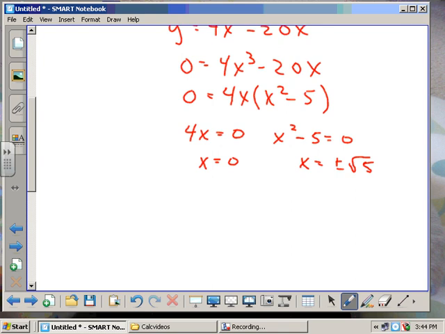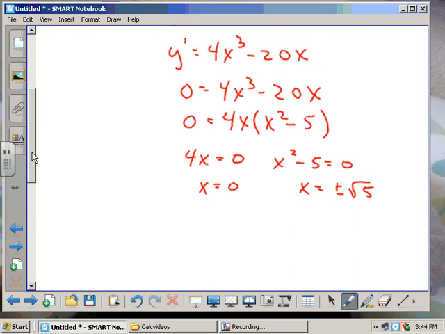Now, to help me stay organized, I'm going to use my first derivative and use the first derivative test, setting up a number line with test points at 0, negative square root of 5, and positive square root of 5. I know the square root of 5 is between 2 and 3, so in this case I'm going to choose negative 3 as my test point into the first derivative.